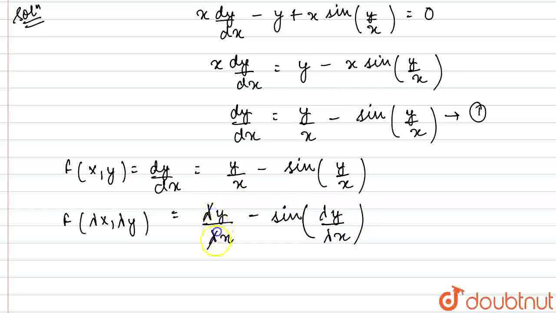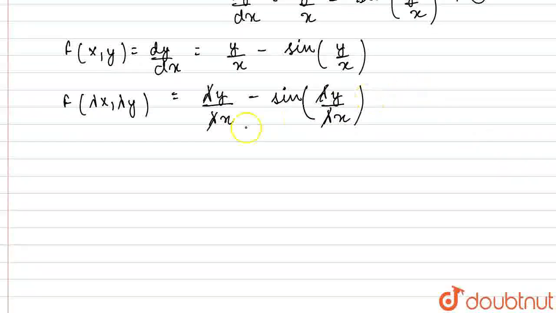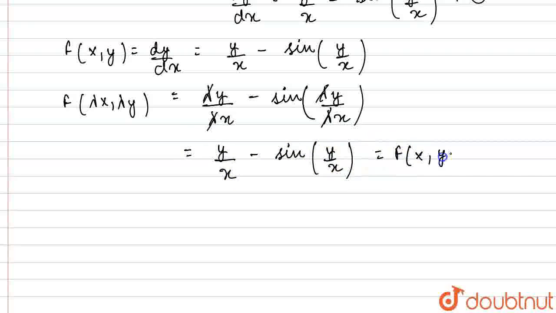So this lambda and this lambda will cancel each other. So finally we are getting y by x minus sine of y by x, which is equal to f of x comma y. And since we are getting f of lambda x comma lambda y equal to f of x comma y, hence I can say that this is a homogeneous differential equation.